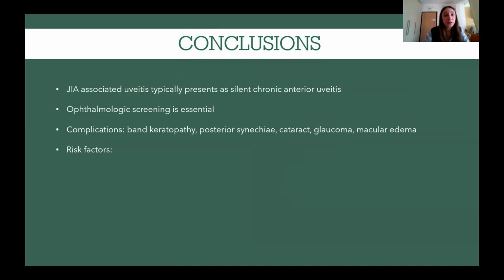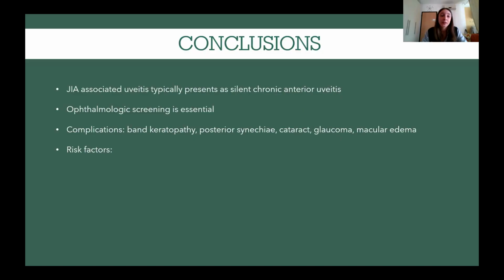So in conclusion, JIA-associated uveitis typically presents as silent chronic anterior uveitis and may only lead to symptoms when ocular complications are present or the vision is compromised. So ophthalmological screening is essential to prevent complications such as band keratopathy, posterior synechia, cataract, glaucoma, and macular edema.